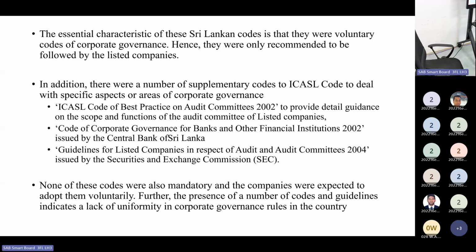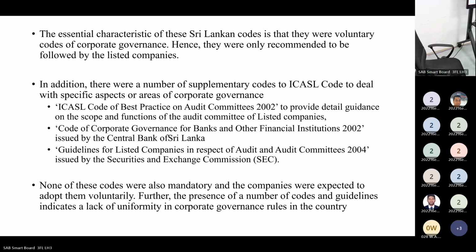In addition, there were a number of supplementary codes to the ICSL code to deal with specific aspects of corporate governance. So besides the 2003 code, there were supplementary codes.